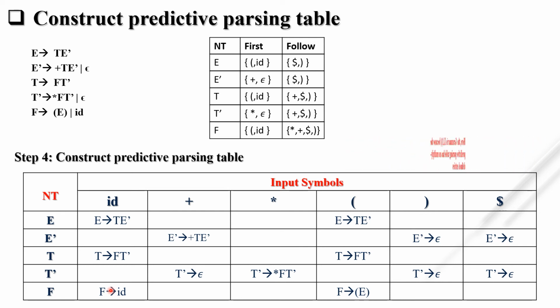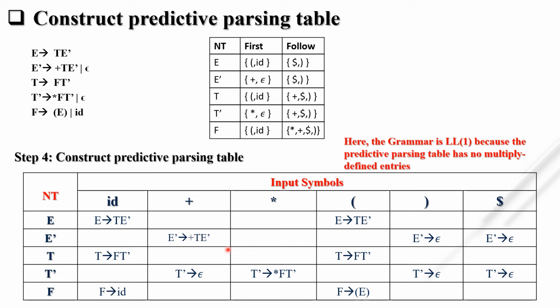If the predictive parsing table has multiply defined entries, for example, if there was one more entry below this, like E dash tends to null, then we can say that this grammar is not LL1. Okay, this grammar is LL1. Why? Because the predictive parsing table has no multiple defined entries in any cell. There are no multiple entries. That's why this grammar is LL1.